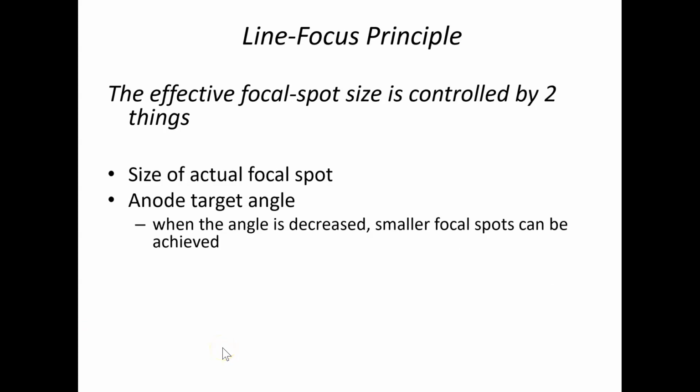Know that the effective focal spot size is controlled by the size of the actual focal spot and the anode target angle. And we know that the smaller the target angle, the smaller the effective focal spot.